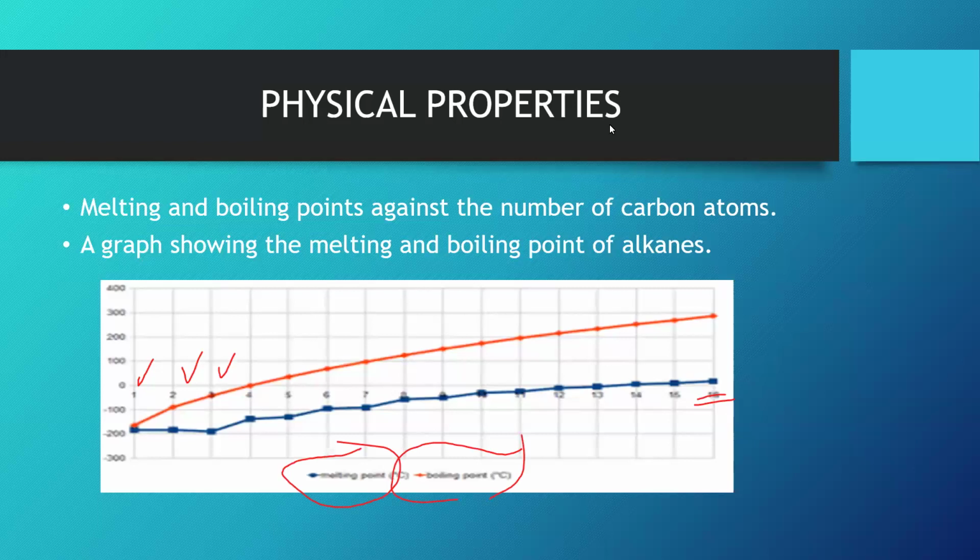Remember, as you heat these different alkanes, I gave an example: if you boil a glass of water and then a jerrycan of water, the glass of water will boil faster than the jerrycan, which takes a longer time.